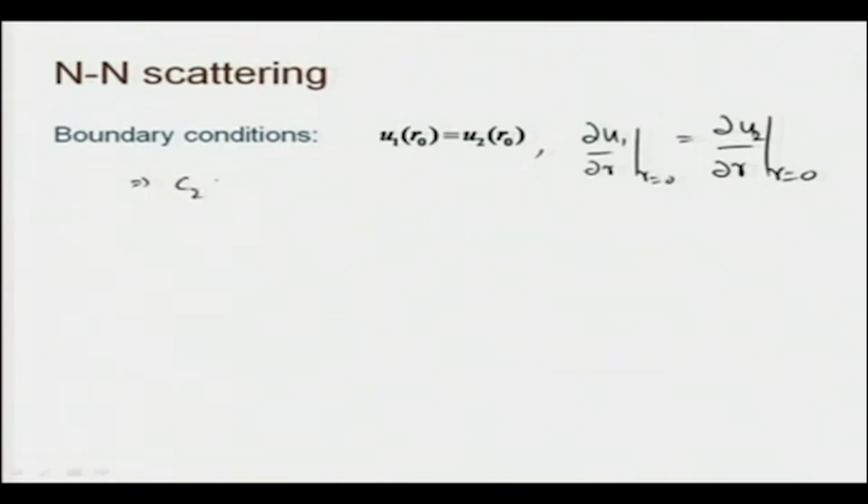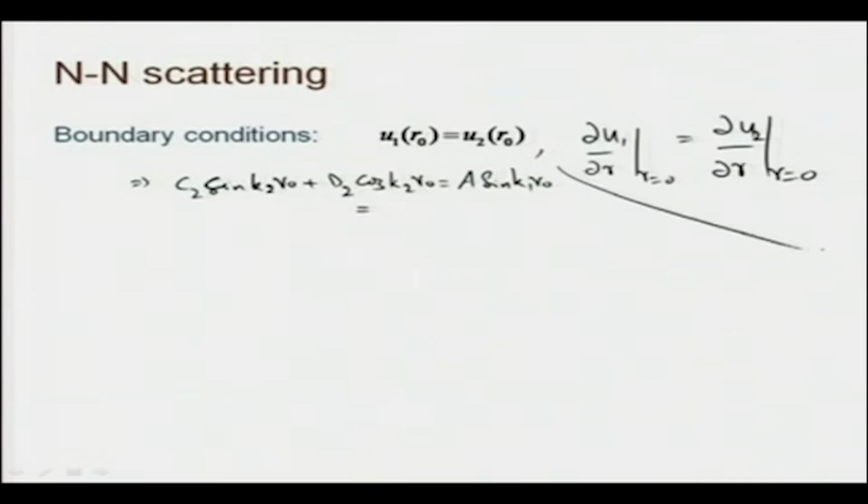C 2 sin k 2 r 0 plus d 2 cos k 2 r 0 equal to, now we have only one term, which is a sin k 1 r 0.